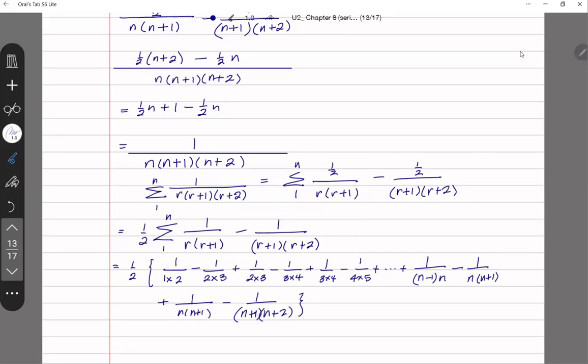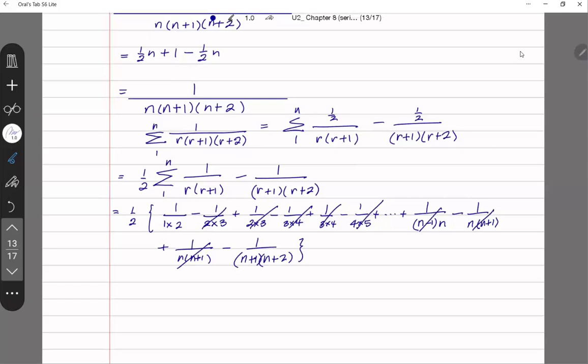All right, so let us see which terms are going to disappear. Looking at this, you'll see that it looks like all the middle terms are going to disappear. You can see clearly that these disappear. So this more than likely would disappear. This would disappear as well. This would disappear. And this would disappear.